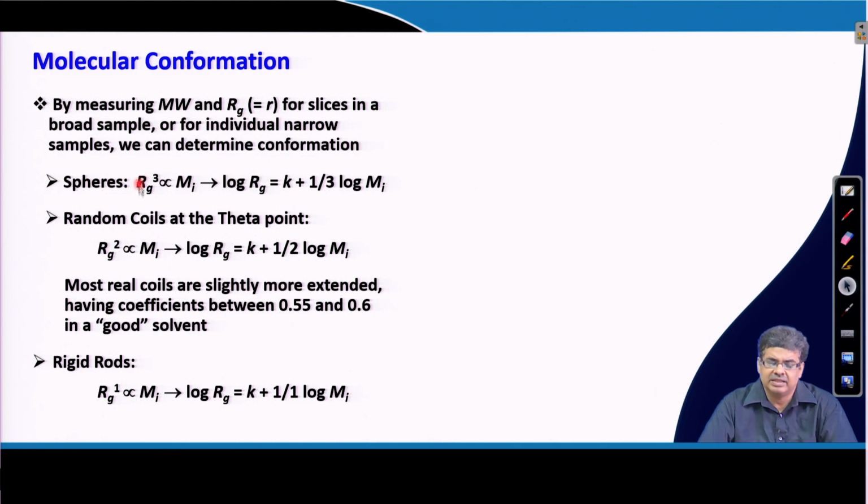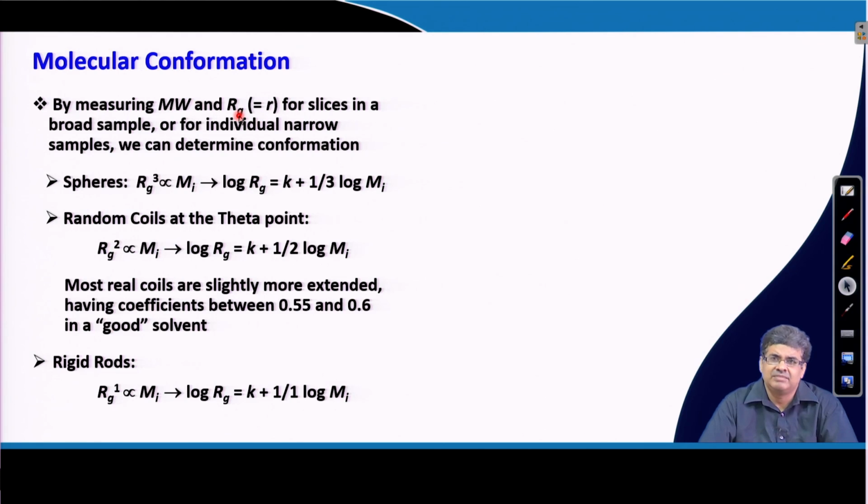If we can find the radius of gyration accurately and the molecular weight data also accurately, then using this expression we can get an idea about the conformation of the large polymer chain. Obviously, if the size of the polymer chains is small, below 10 nanometer or so, then there will be no angular dependence on scattering angle. So, we will not be able to measure Rg from light scattering data.